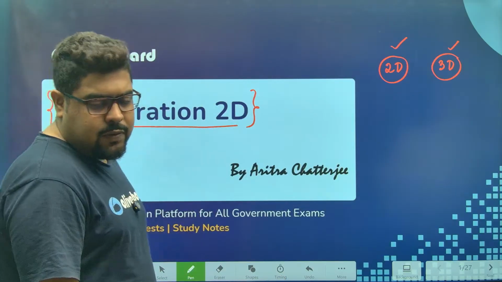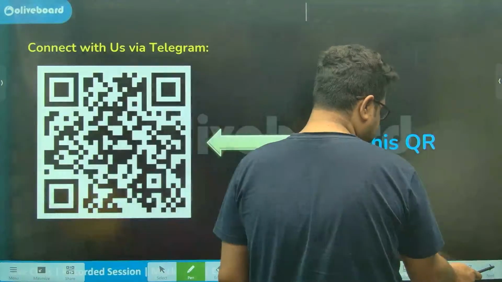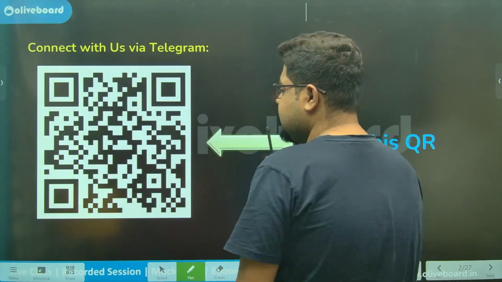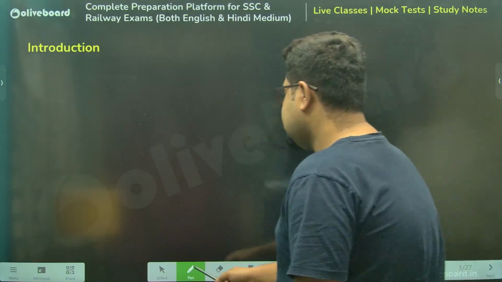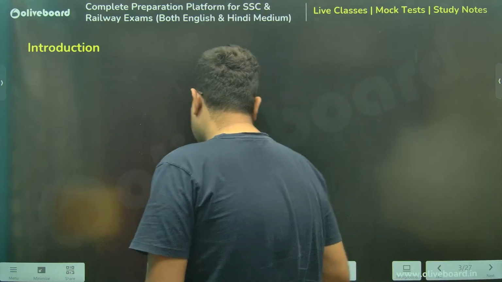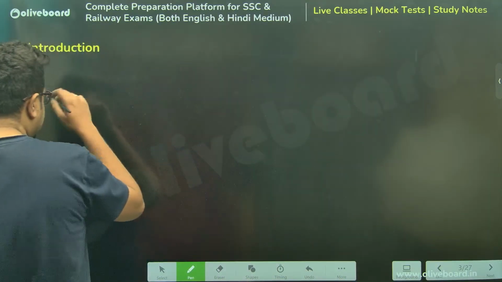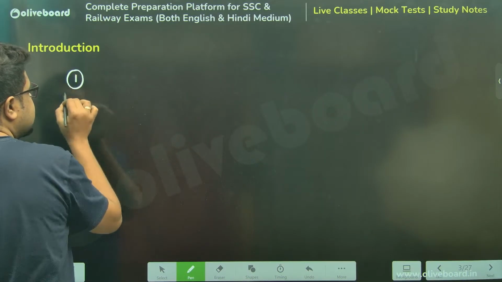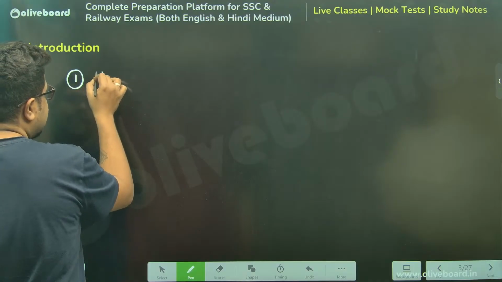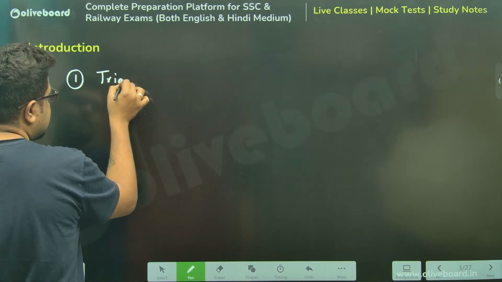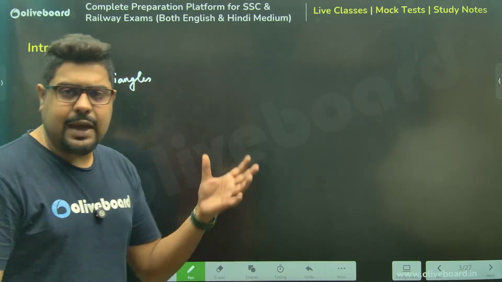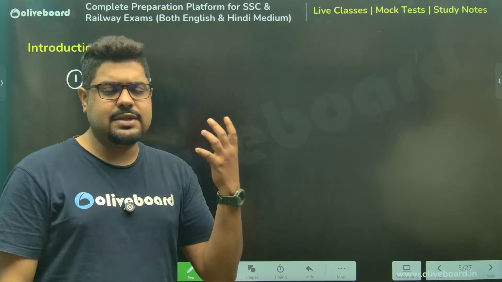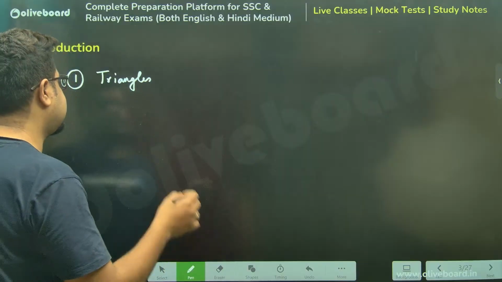Now, in 2D, what do we need to cover? First is the triangle sections. In triangles, we have equilateral triangles, isosceles triangles, scalene triangles, different triangular sections.